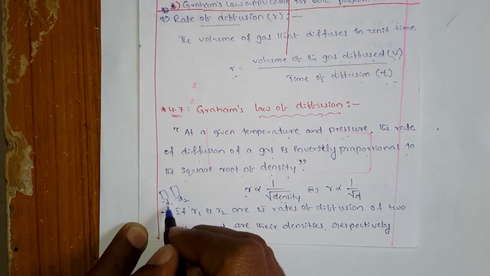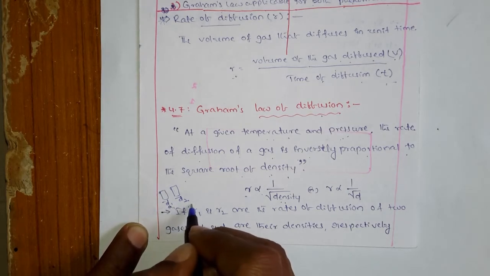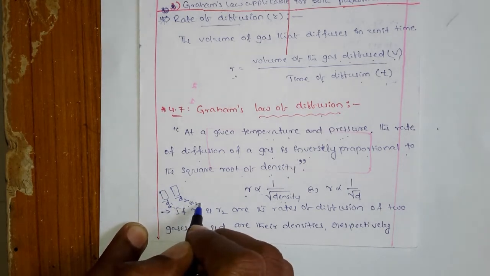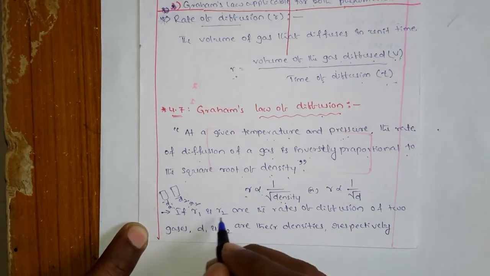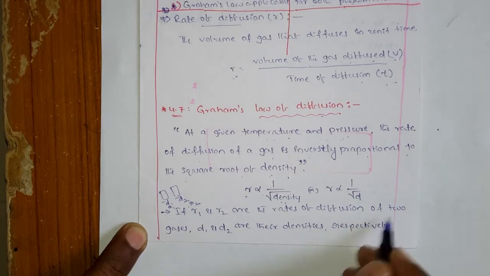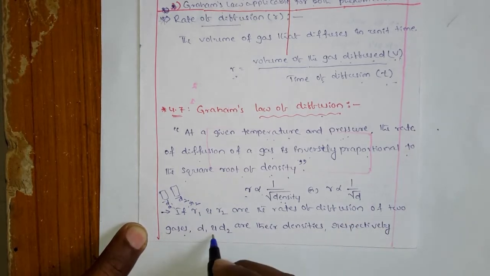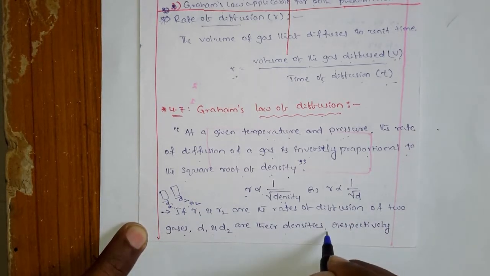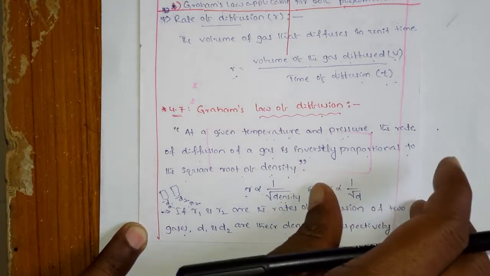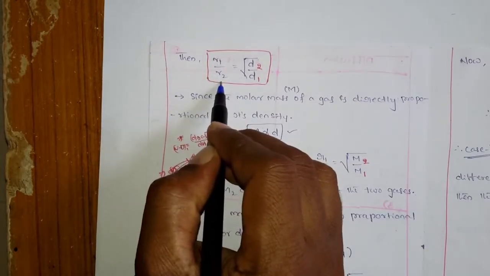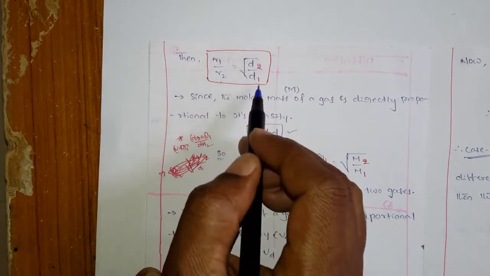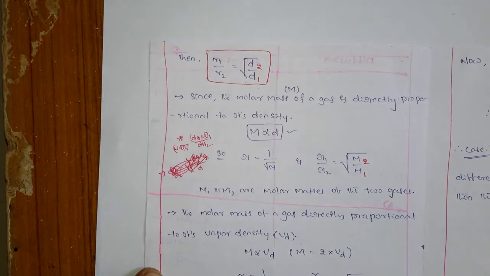If this gas rate is R1 and this gas rate is R2, then what is the relation? The relation is very simple. If R1 and R2 are the rates of diffusion of two gases and D1 and D2 are their densities respectively, then the relation is R1 by R2 is equal to square root of D2 by D1.